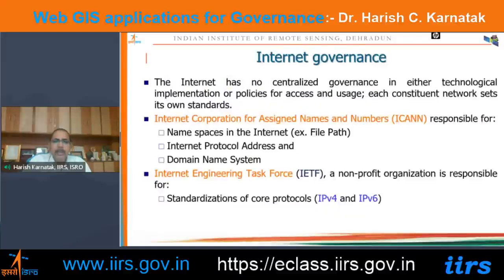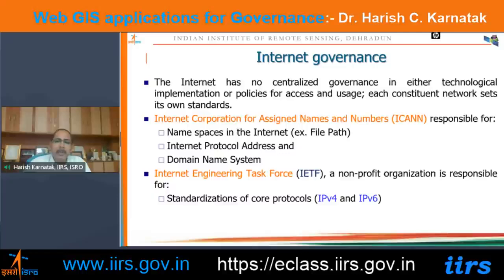So if you see the governance of this internet, how it works, you may know that the internet is not owned by any single country or any company. It is a network of different computer networks. Suppose you have a set of computers in your network and you connect with another network, then it is known as the internet.